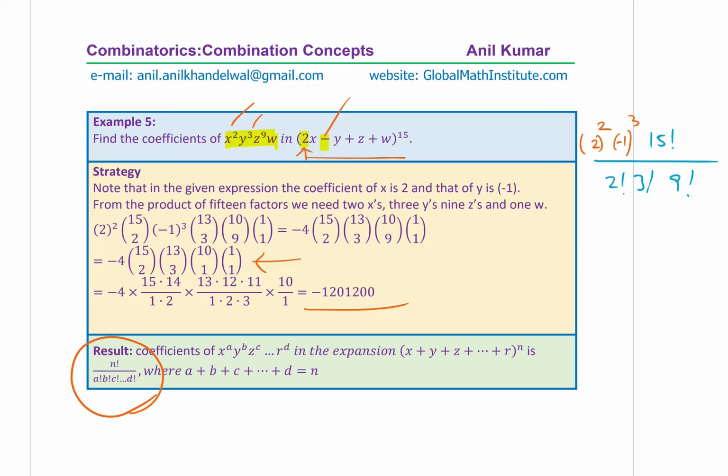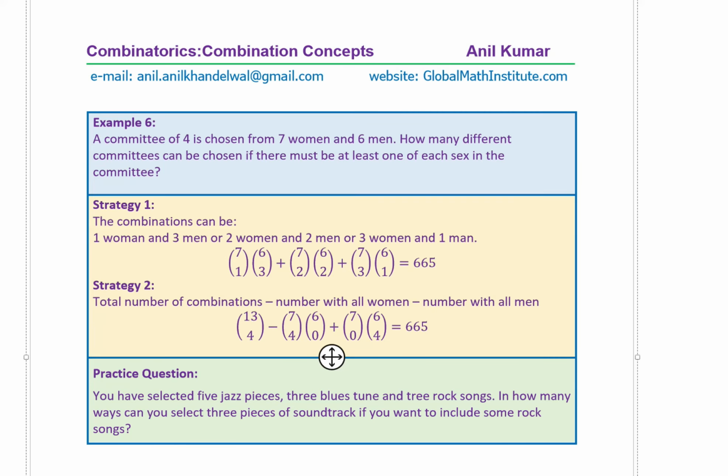Okay. So that was kind of an examination question based on what we just learned on coefficients of binomials extended to polynomials, correct? Okay. Now let's talk about committees and whenever we are making those combinations. In combinatorics, we actually find the number of committees, number of teams formed, and so many other things. These are very common questions.